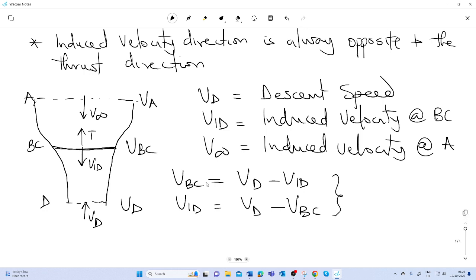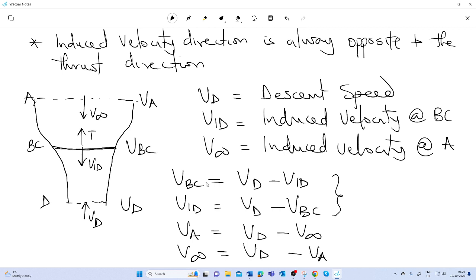And don't let us forget that VA equals VD minus V infinity. So therefore V infinity equals VD minus VA as the second equation. Equation 1, equation 2.